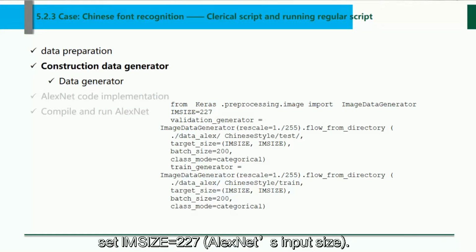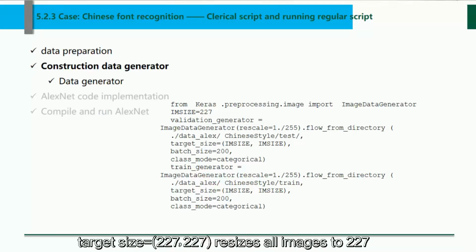First, set im_size equals 227, AlexNet's input size. Then, train_generator equals ImageDataGenerator, rescale equals 1/255, flow_from_directory. Rescale equals 1/255 normalizes pixels to 0 to 1.